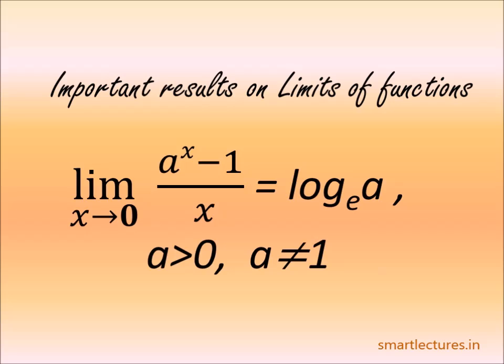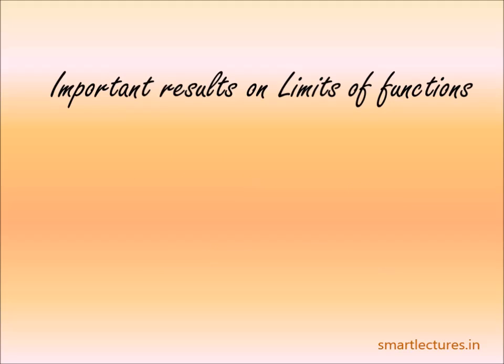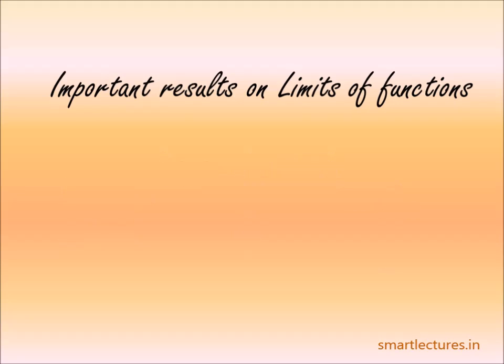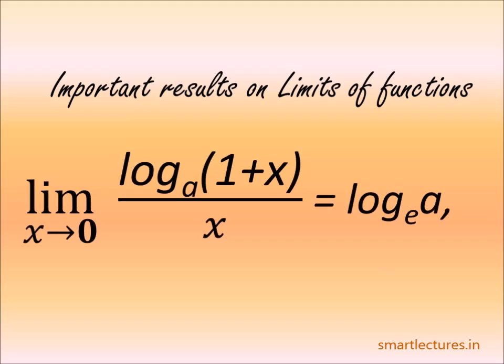Also, the limit as x approaches 0 of log of 1 plus x to the base e divided by x is equal to 1. The other important limit which you learned was the limit as x approaches 0 of log of 1 plus x upon x to the base a is equal to log of e to the base a.